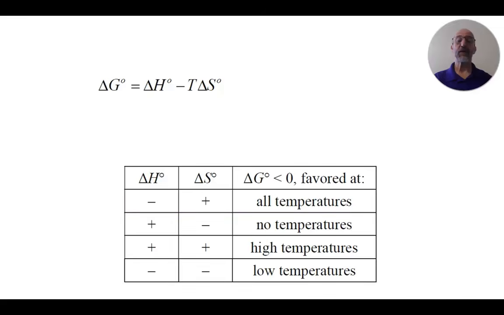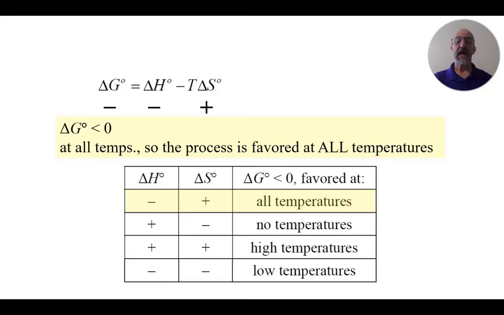Here is our first possibility. If delta H is negative and delta S is positive, then mathematically the value of delta G would be negative at all temperatures. And so if delta G is negative at all temperatures, then the process is thermodynamically favored at all temperatures.